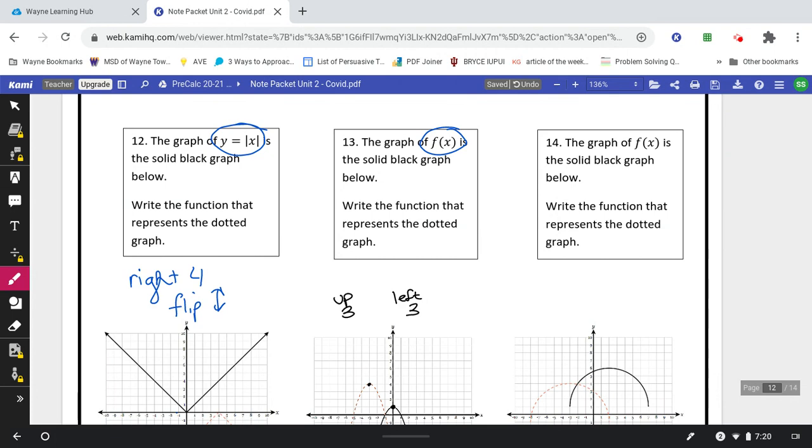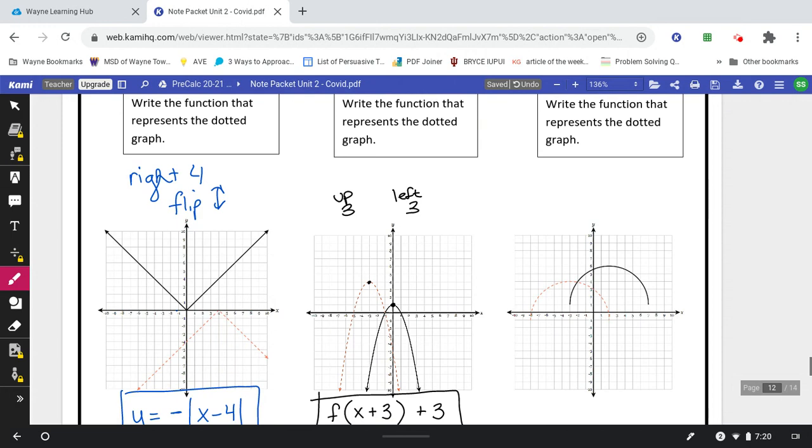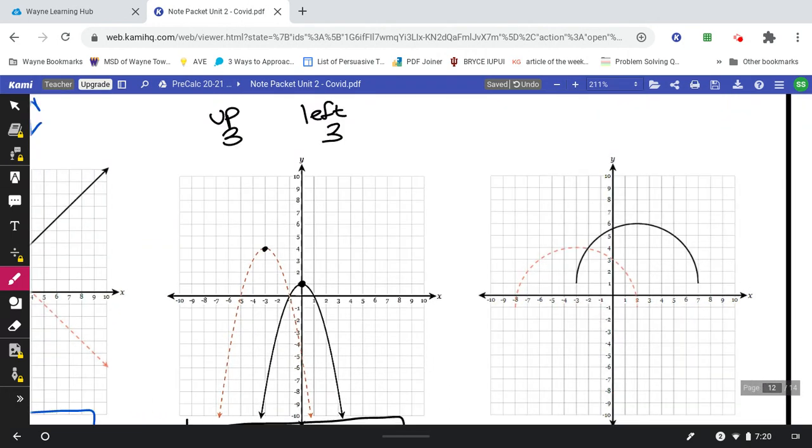All right, same thing on the last one, number 14. Notice it's just giving you f of x. So let's just identify what's happening. The black is your original graph, so I'm just going to put a dot maybe right there. That looks like a good place for me to figure it out. And it looks like that same point is right there. Just kind of shift it over.